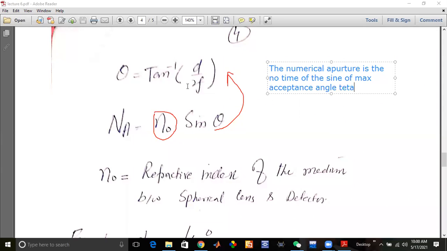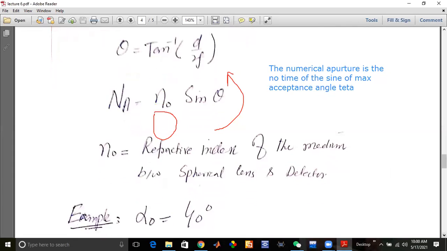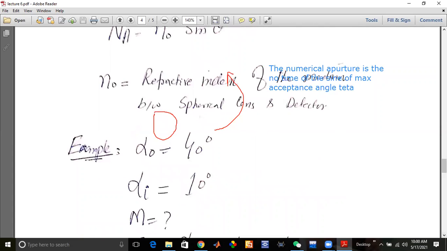And its equation is NA equals n naught sine theta. But in the case of air, the n naught value will be 1. So it means that NA is equal to sine theta.